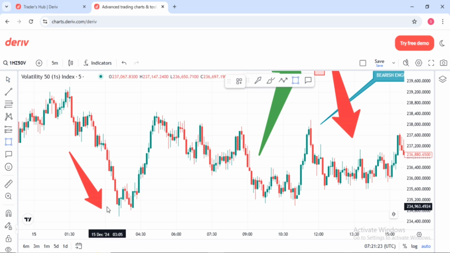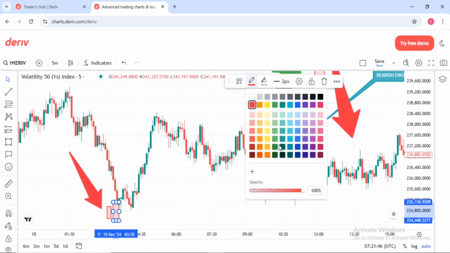After a bearish candle, or a red one, is formed, it is followed by a big green candlestick. Let me show you that. Let me make it green.